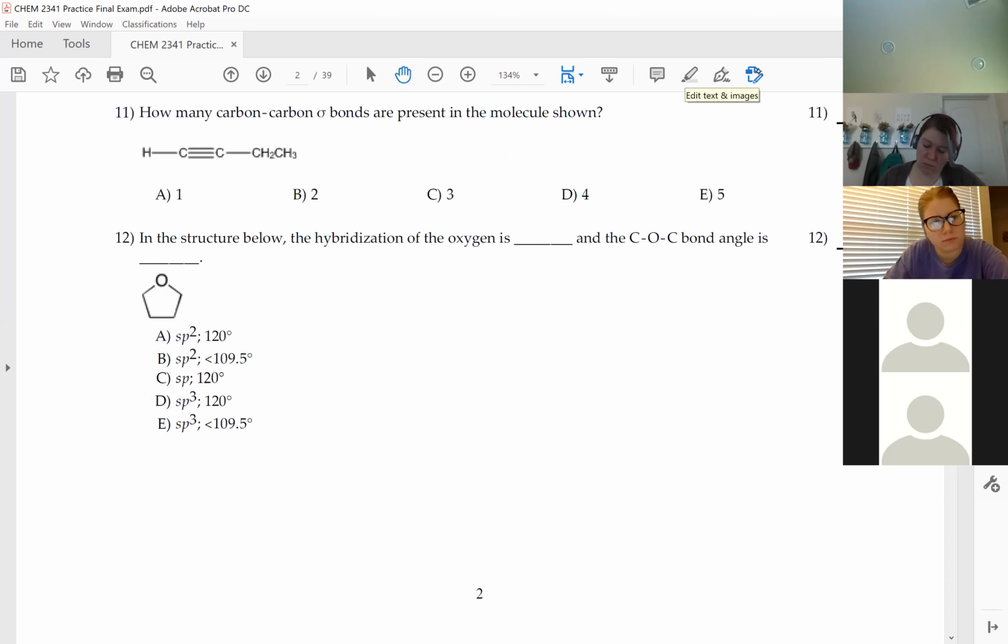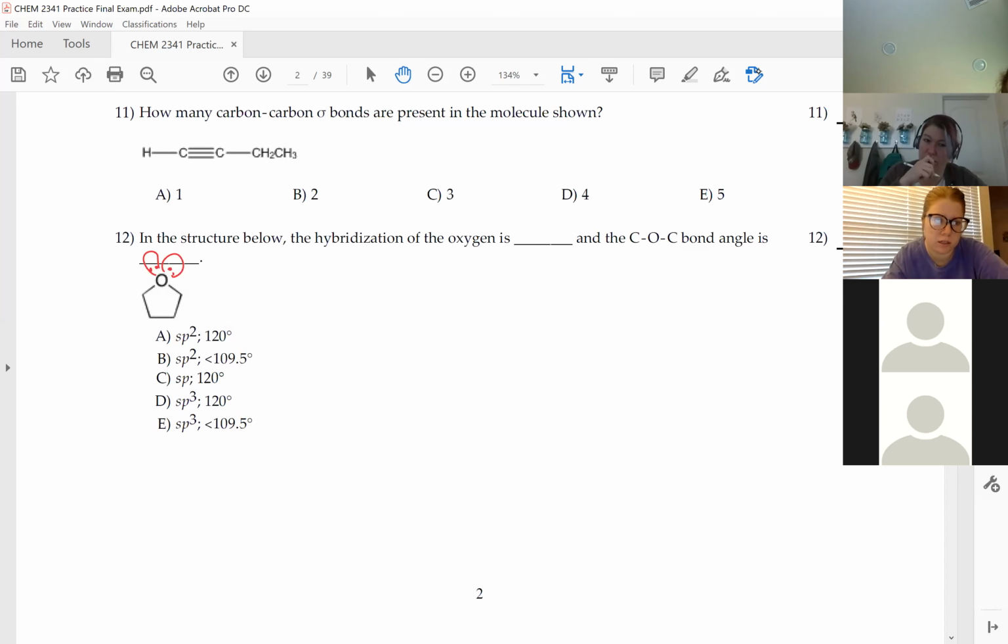So in order to answer this question, remember that you need to think about the lone pairs. So what is the hybridization of this oxygen? It has 4 things bonded to it. Is it sp3?